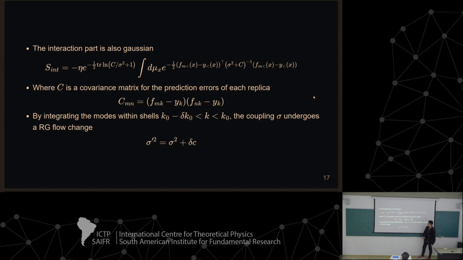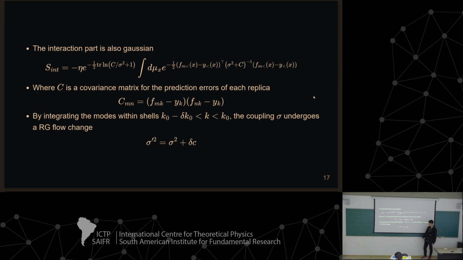So, based on this action, a procedure that we can do is that we can integrate the modes that have eigenvalues slightly below the cutoff. And if we integrate that, this coupling constant will change, much like in the renormalization group flow.